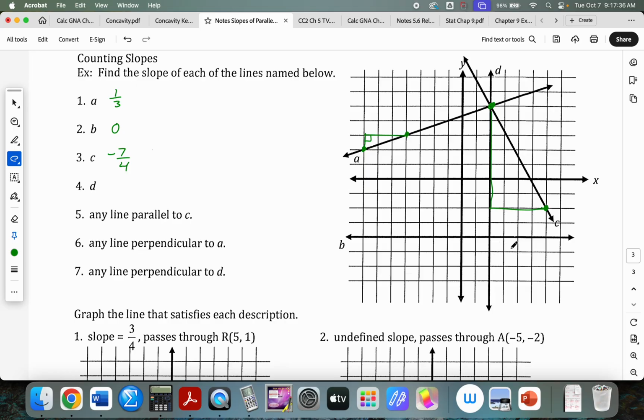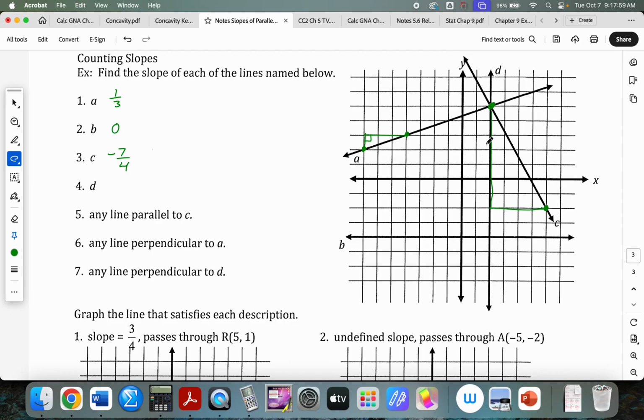And then what about line D? No. 2 would mean that we have a vertical change of 2 when we have a horizontal change of 1. Right? Here we never have a horizontal change, do we?